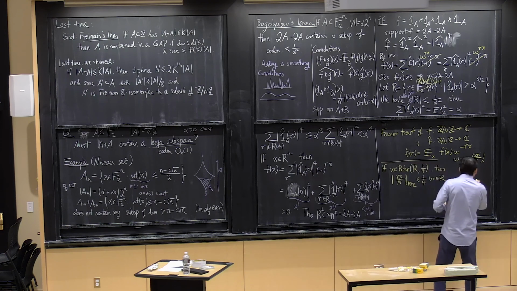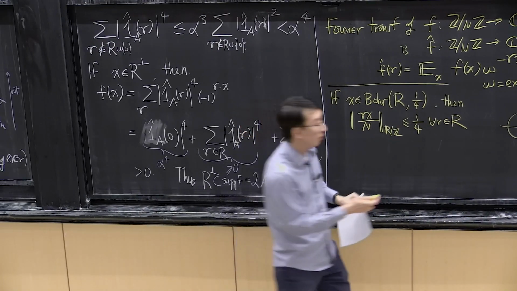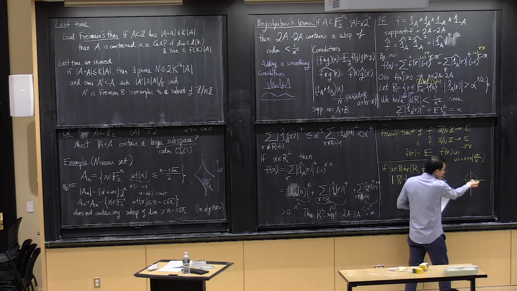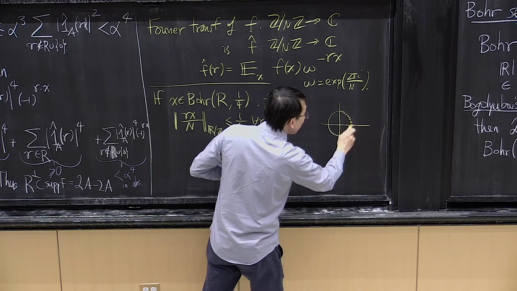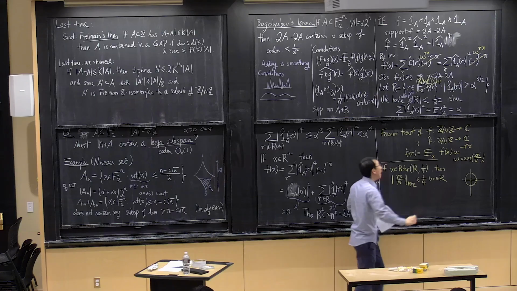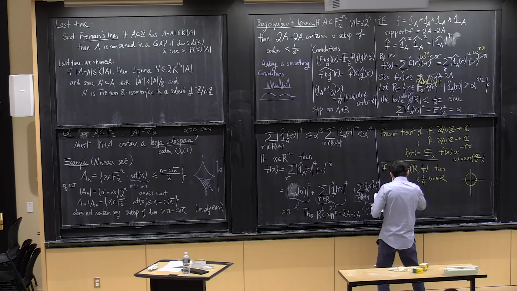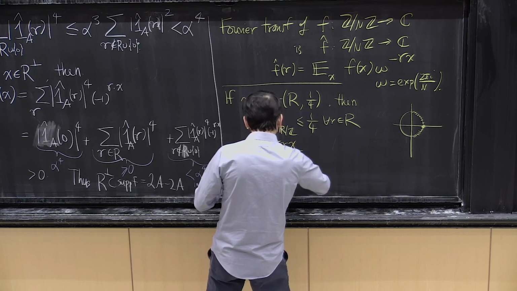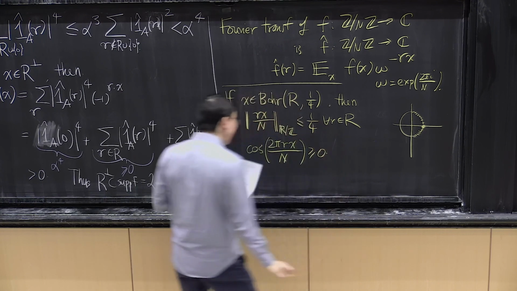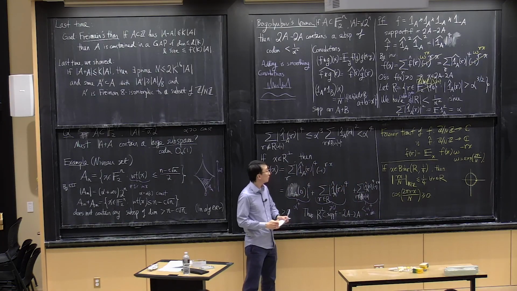And if you think about what happens on a unit circle, if you are within 1/4 of the integer, then the corresponding place on the unit circle is on the right half circle. So in particular, the cosine of 2 pi rx over n is non-negative. So it has non-negative real part.